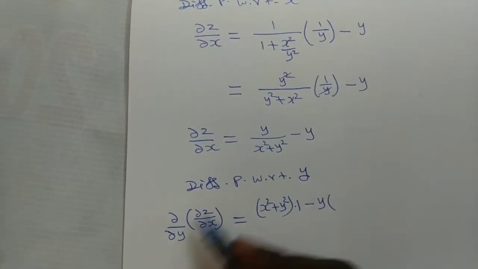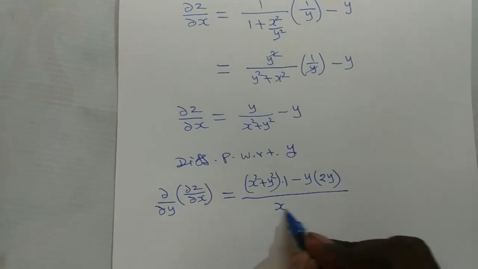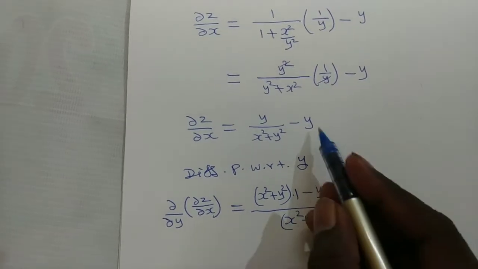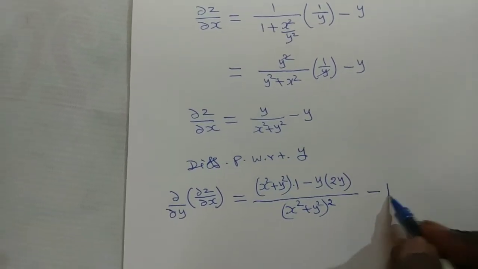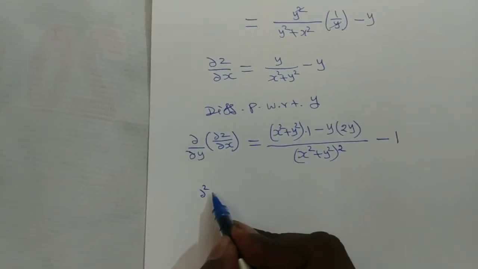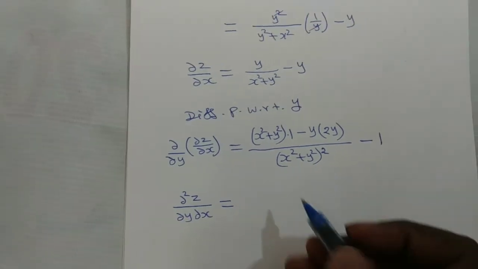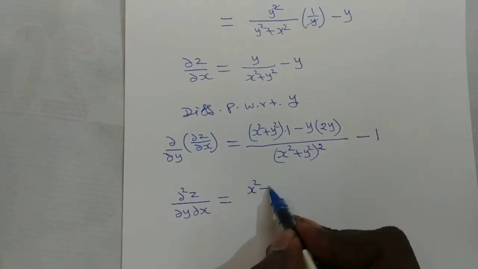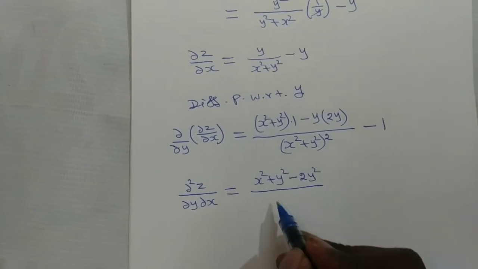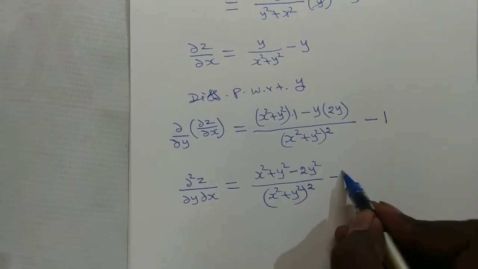Differential of v with respect to y is 2y, by v square, x square plus y square the whole square, minus y differential is 1. So now I am going to simplify. So this is ∂²z/∂y∂x is equal to, x square plus y square minus 2y square by x square plus y square the whole square, minus 1.